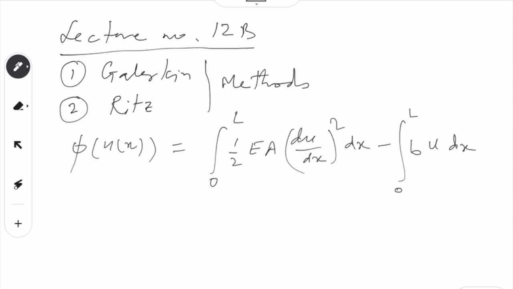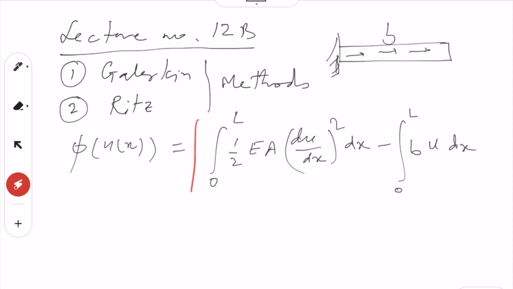Yeah, so this is true for this example where there is nothing at the end. If you have this B, that's it, there is nothing at the end, then we can write it this way. For simplicity I have not taken the end force.